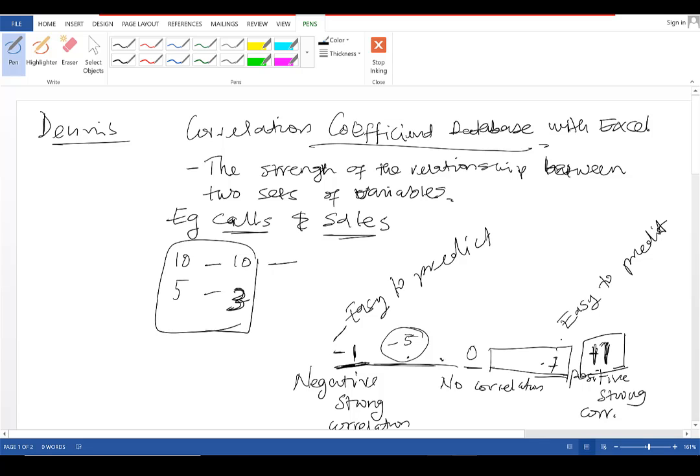So if our correlation falls at -1 or 1, it becomes easy to predict. So this is what we're gonna be talking about.